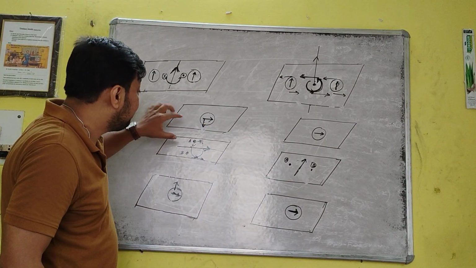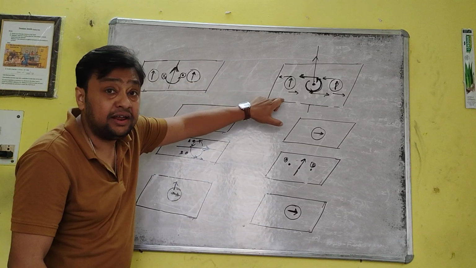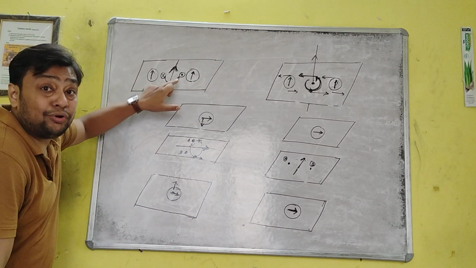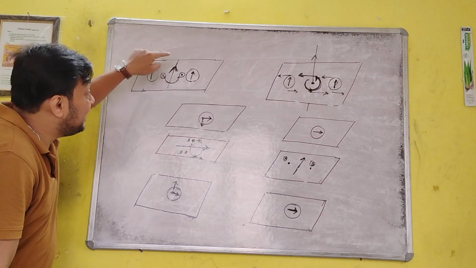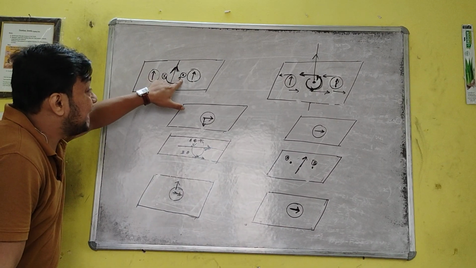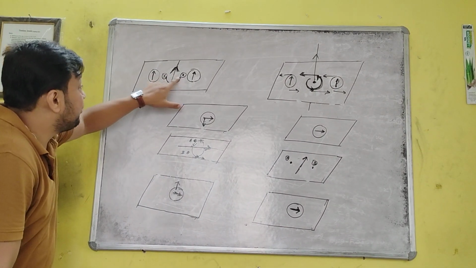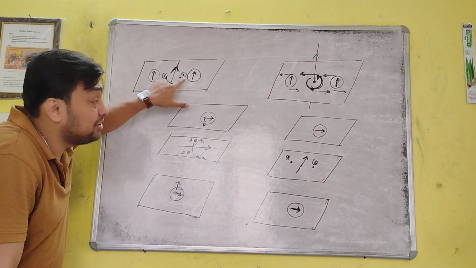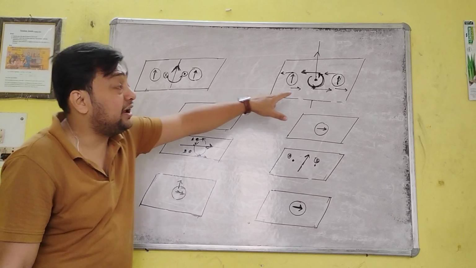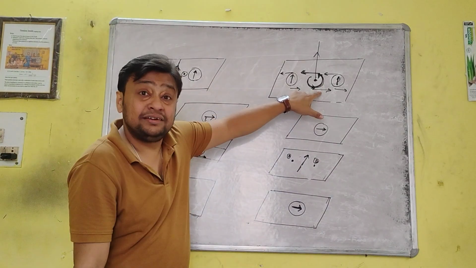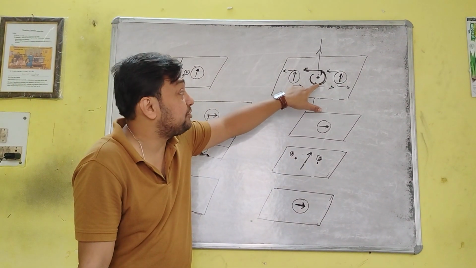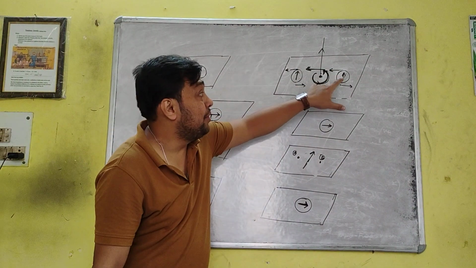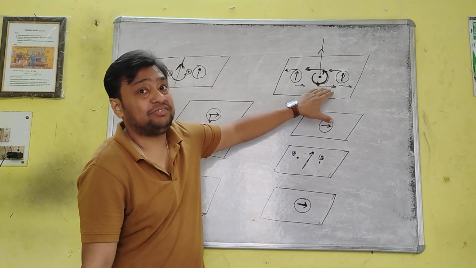Understood? So what is the difference for here and here? Here the magnetic field and the needle both were perpendicular, and the tangent of the magnetic field for this point and this point was also not in the same plane. Here the tangent which was showing the direction of the magnetic field and the needle, all other things are in the same plane.